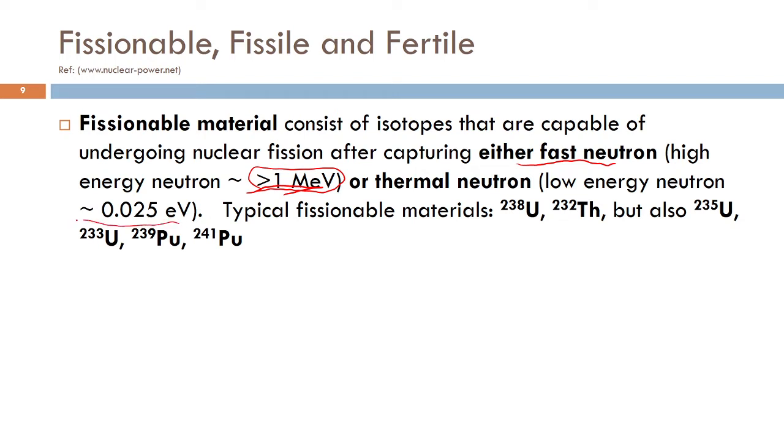Forgive me if I forget this. But this is the definition: fast neutron is energy greater than 1 mega electron volt, and thermal neutron is very low energy, about 0.025 electron volts. It is not zero, but nearly equal to zero.